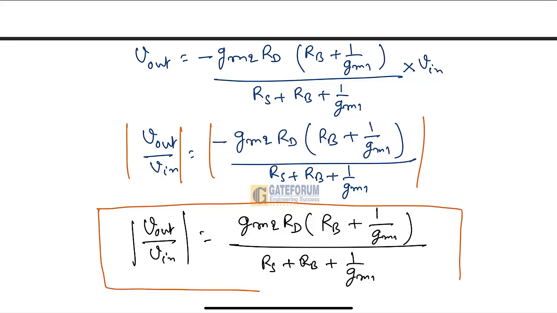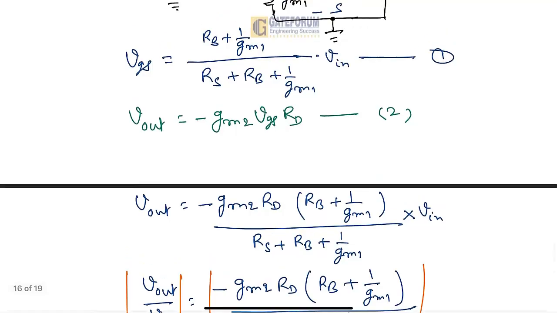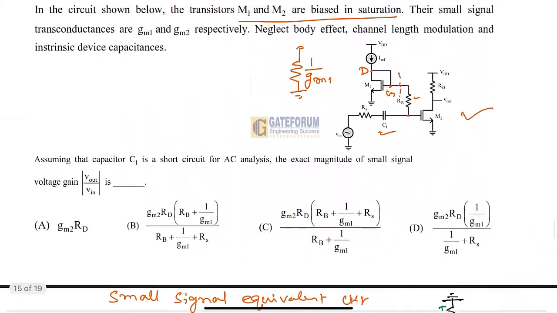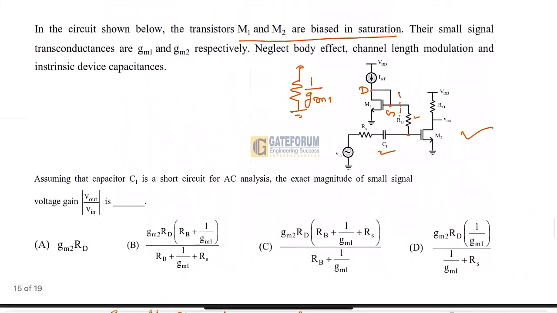This is the expression for the magnitude of the voltage gain. Now we compare this expression with the given options, and we find that option B is the right answer for this question. This is the end of the explanation for this question. Thank you.